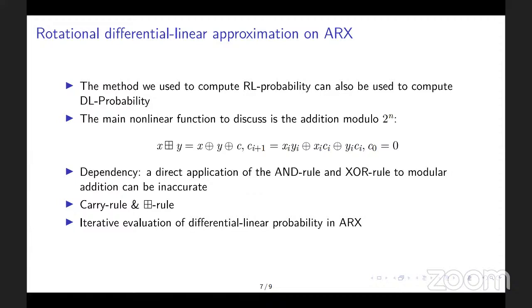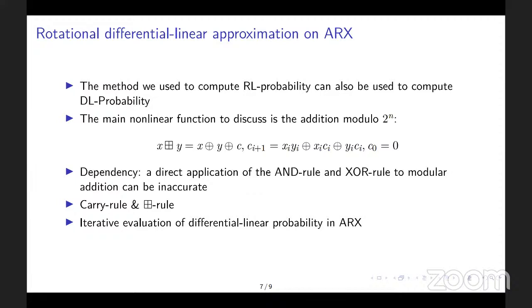So we deduced a carry rule that takes the dependency fully into consideration. And based on the carry rule, we also have a modular addition rule for the differential linear propagation in a modular addition. And this is experimentally verified on a small scale modular addition. And this will help us to compute differential linear and rotational differential linear probability round by round.